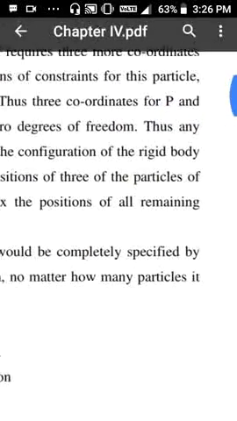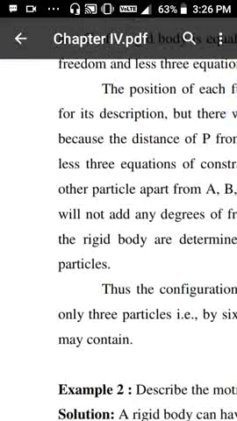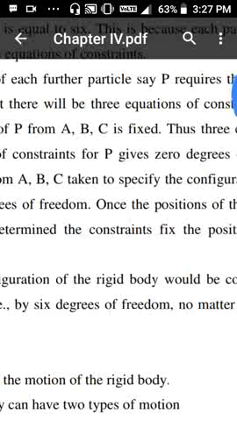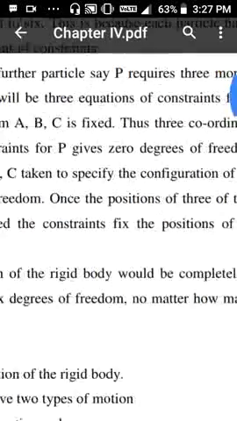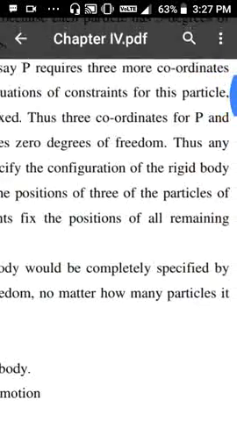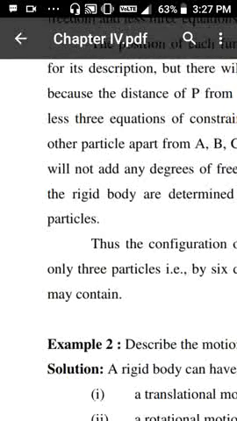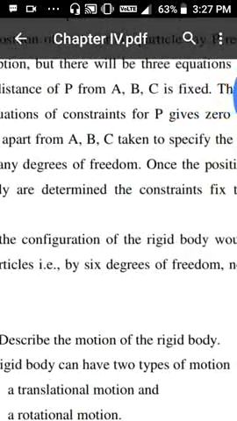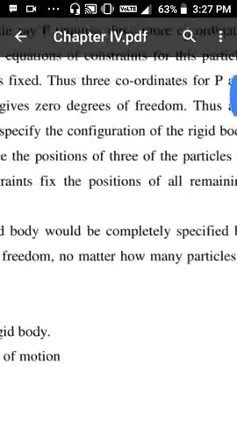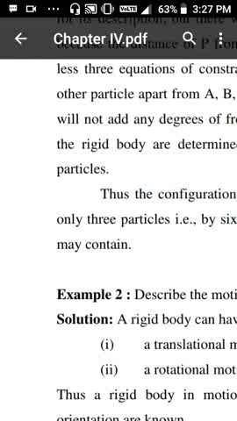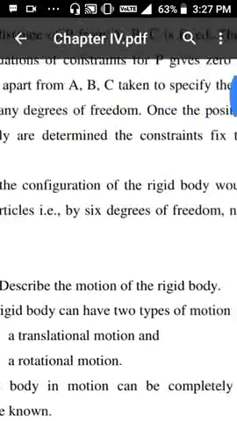Those 3 coordinates for P and 3 equations of constraint for P give 0 degrees of freedom. Thus, any other particle apart from A, B, C taken to specify the configuration of the rigid body will not add any degrees of freedom.